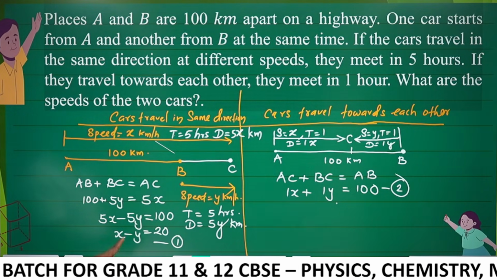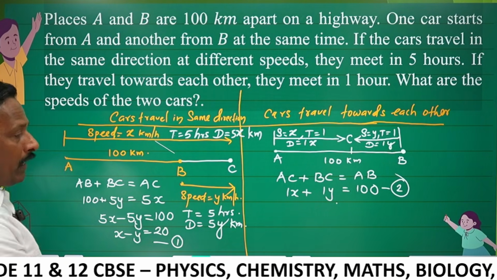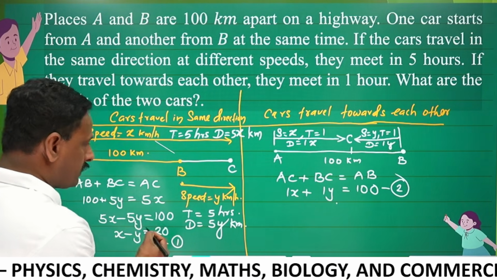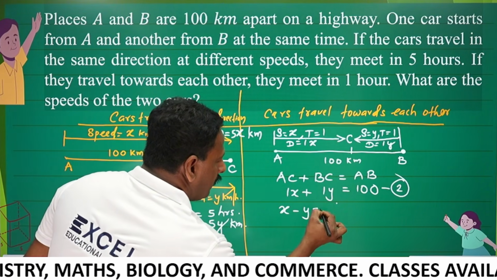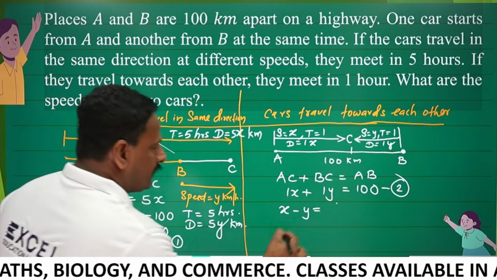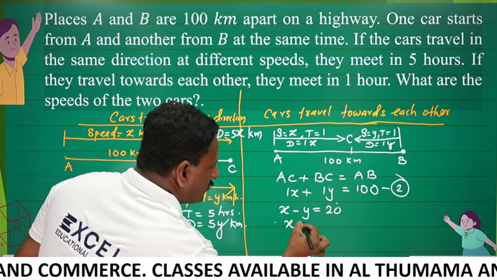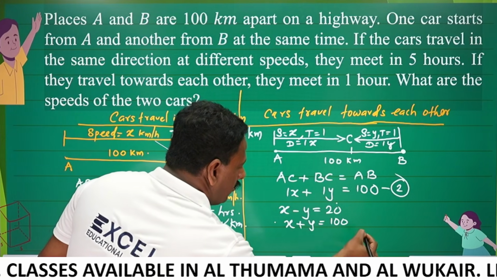So we got a pair of linear equations in two variables. If you solve this, you will get the values of x and y, which are the speeds of the two cars. So the first equation is x minus y equal to 20, and the second equation is x plus y equal to 100.